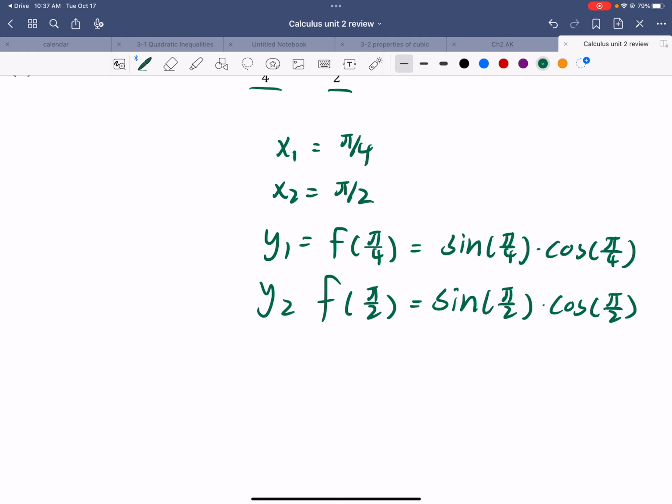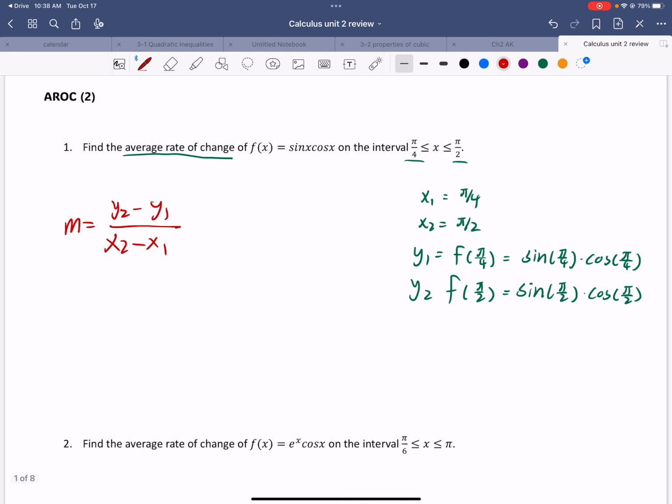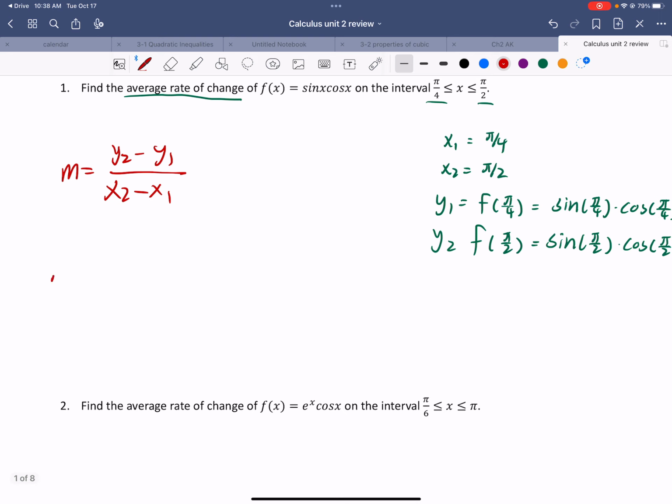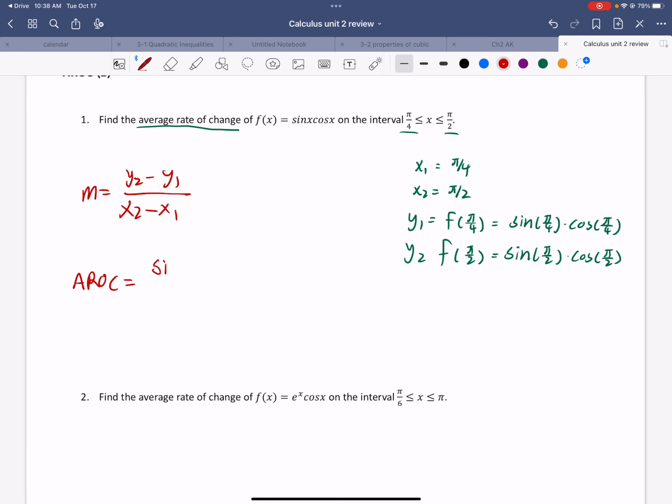So now let's do this. Same thing. Slope, which is the average rate of change, is y2 minus y1 over x2 minus x1, right? So the only thing that we have to do is plug this in. What's the y2 in this case? Sine pi over 2 cosine pi over 2 minus, what's the y1 in this case?